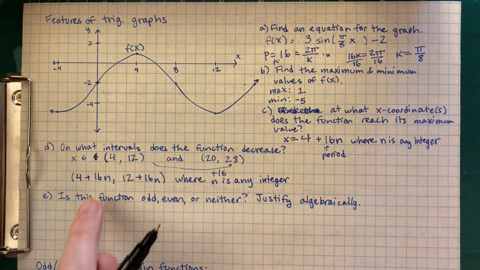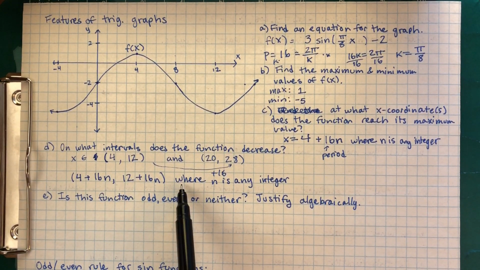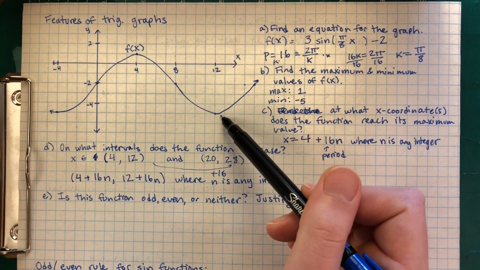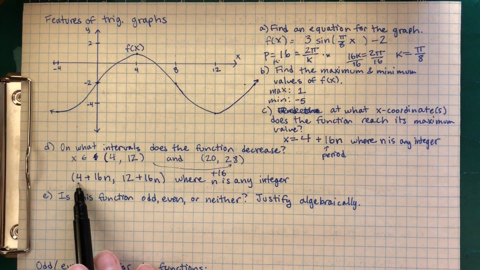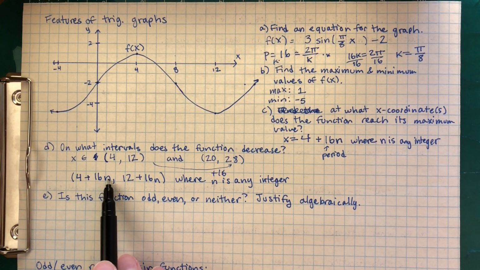So any number that you choose for n, you will get an interval where the function is decreasing using this recipe. So we chose one that we could see on the graph, 4 to 12, and then we took those numbers we could see on the graph and just added the period times an integer.